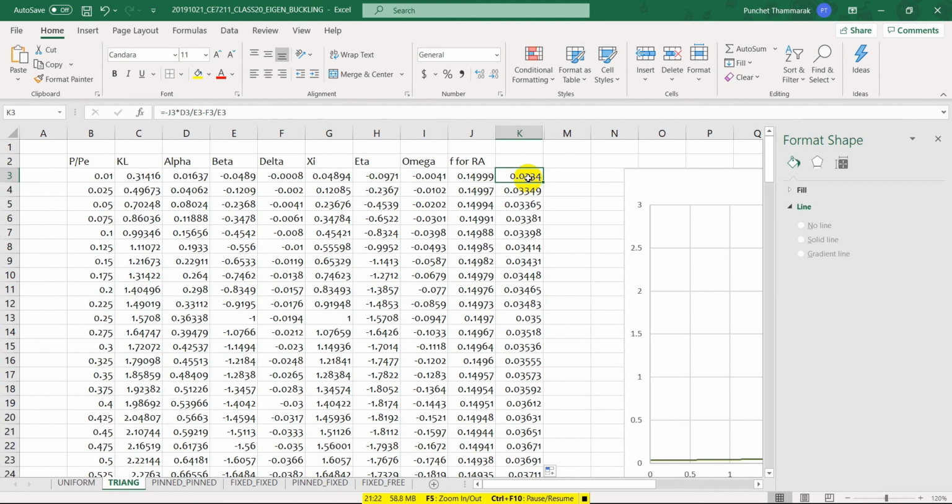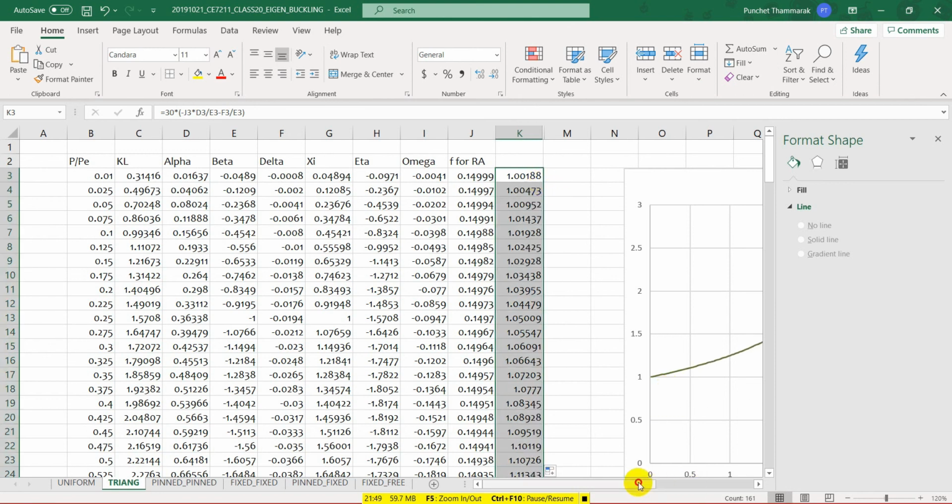So if I want to get the magnification factor, I just multiply 30 back in there, because we took out the WL square already. Then we also take out the 1 over 30 and you multiply by 30 up here. So 30 multiplied by this factor. Okay, it magnifies as well.